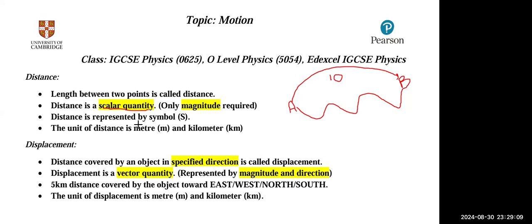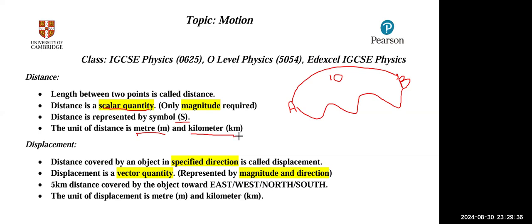The distance is represented by the symbol capital S. The unit of distance is measured in meter and kilometer also. Remember, the SI unit of distance is meter, so we always recommend that you use the unit of distance in meter. Sometimes for a large length we recommend kilometer also.